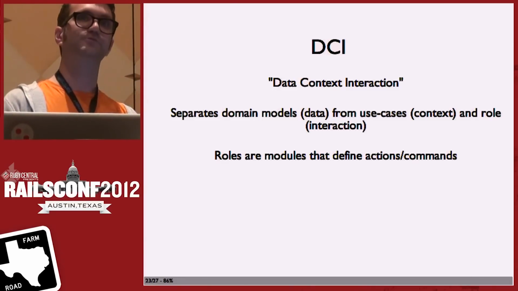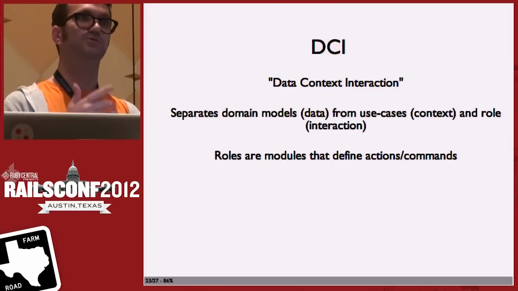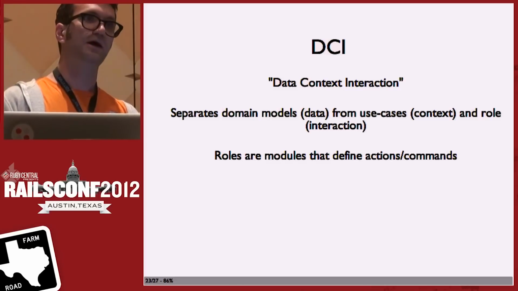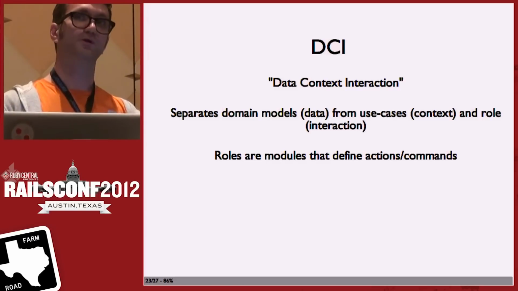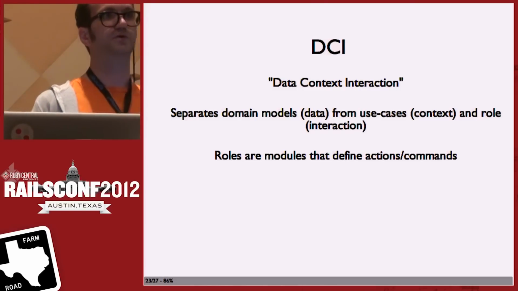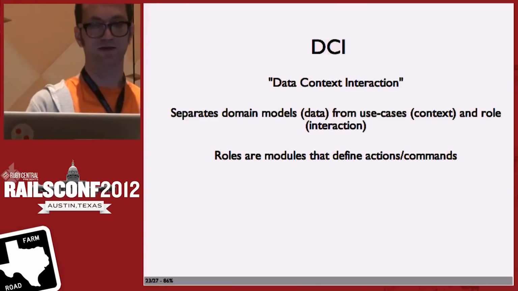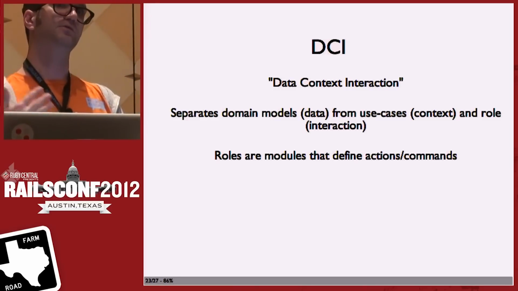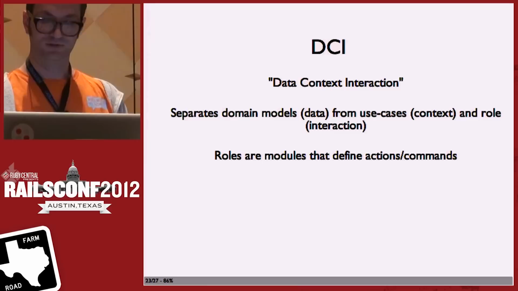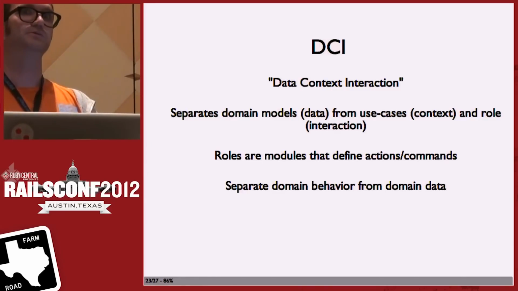So where I have an order that has its SKU, its line items and order ID, that's all the order would be. Then I add a role to the order in the proper context, so the user is finishing off the order, and that role would define the methods for completing the order. So this lets us separate domain behavior from domain data.